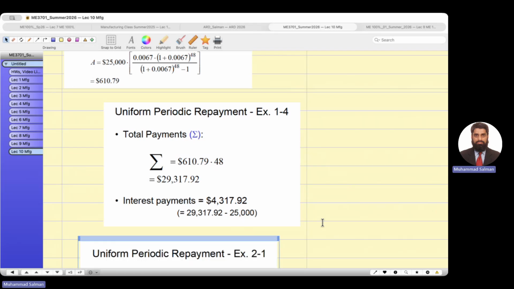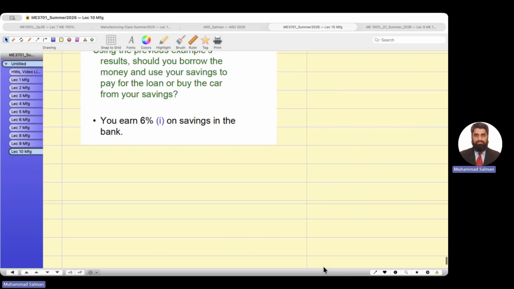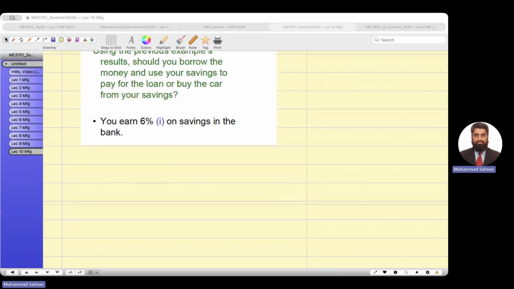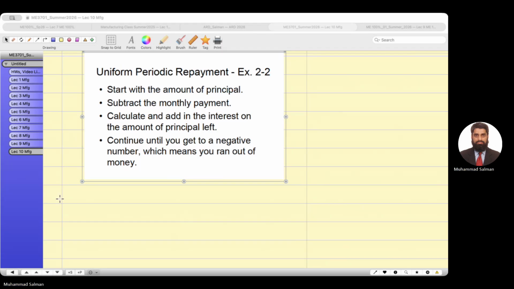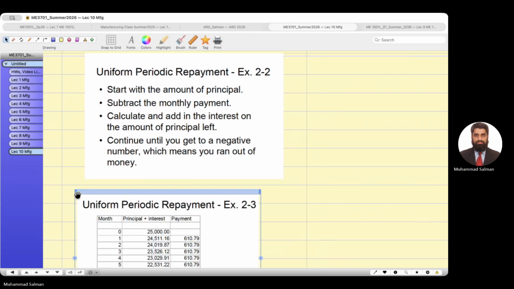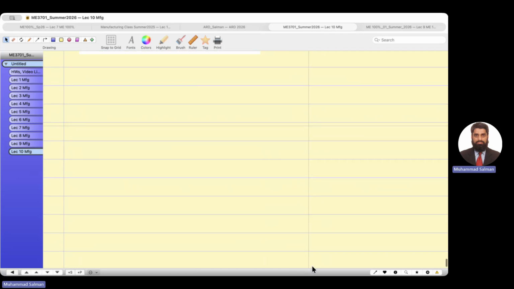Another question states, using the previous example results, should you borrow the money and use your savings to pay for the loan, or buy the car from your savings? You earn a 6% rate in your savings bank. Okay, so you will solve this problem. 48 months, principal plus interest.